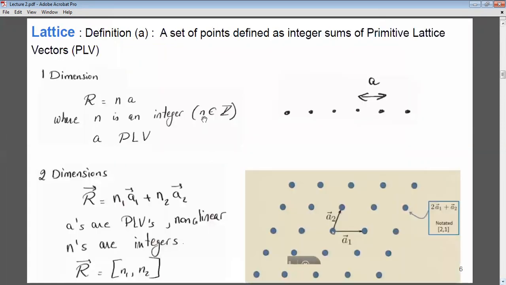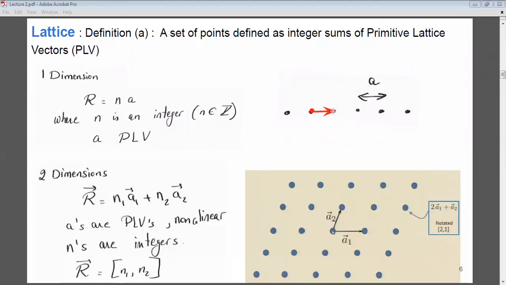A lattice. There are 3 different definitions for a lattice. We will start with definition A. It's a set of points defined as integer sums of primitive lattice vectors. In 1 dimension, if I take these points over here, in order to reach any point, let's take this point, for example, as the center.